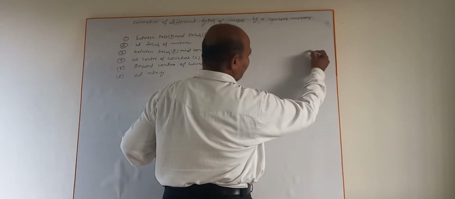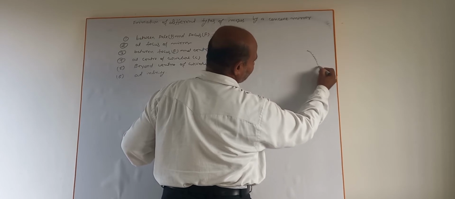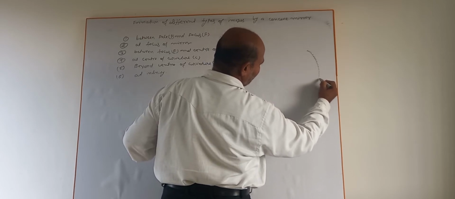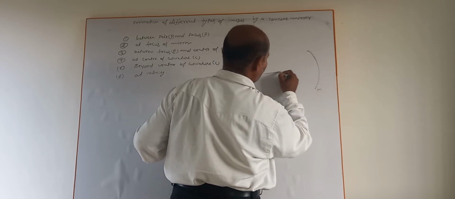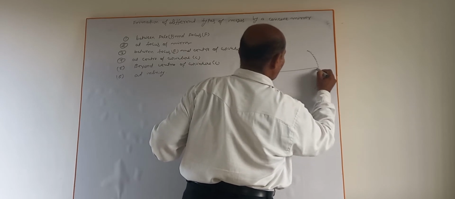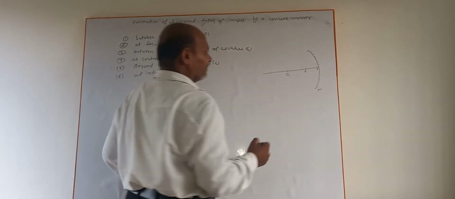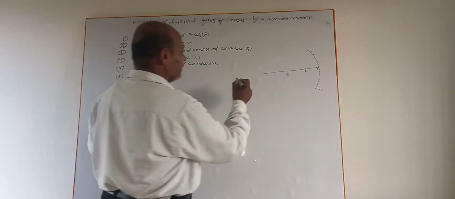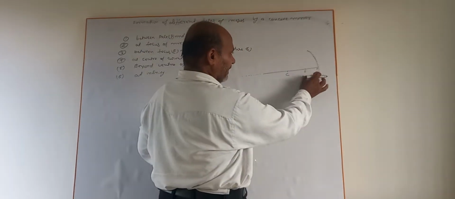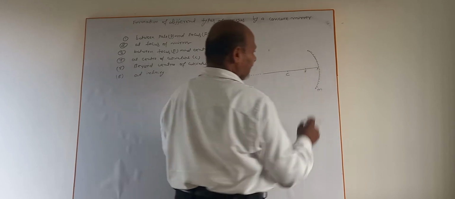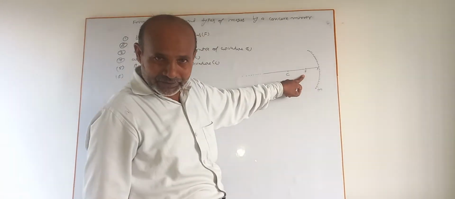Suppose that M is a concave mirror. P is its pole, F is its focus, C is its center of curvature. We can place the object in front of this mirror. Between pole and focus of the mirror.